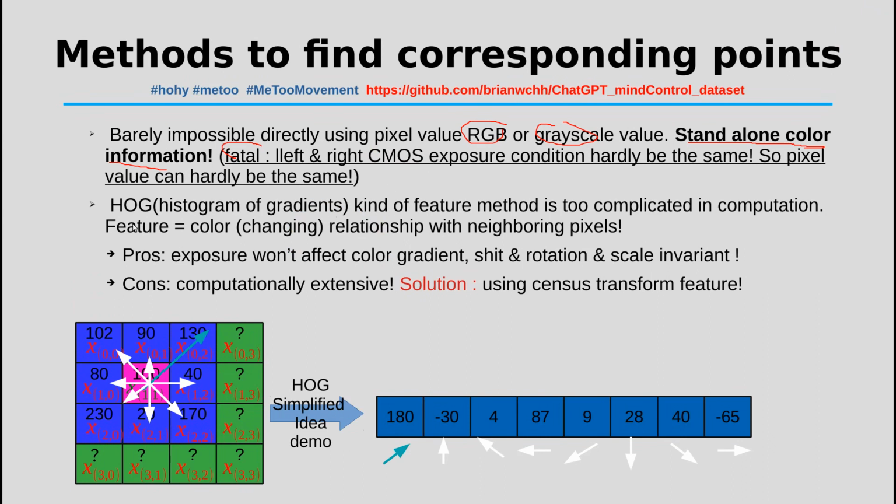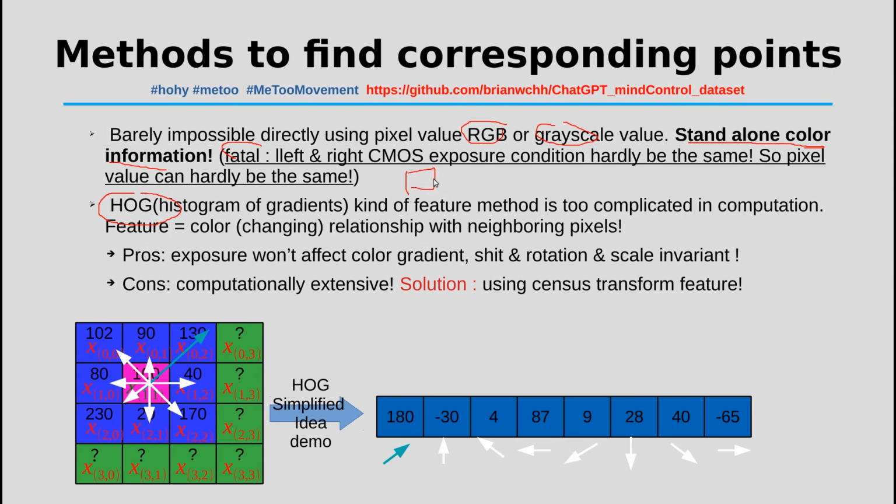Okay, so then people came up with some other methods. Actually, HOG is not applied for stereo vision. It's used to find feature points in consecutive images.